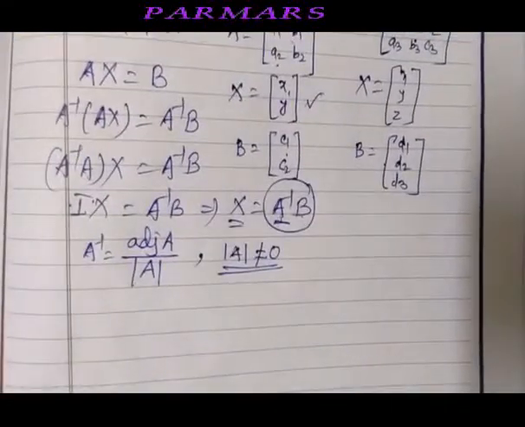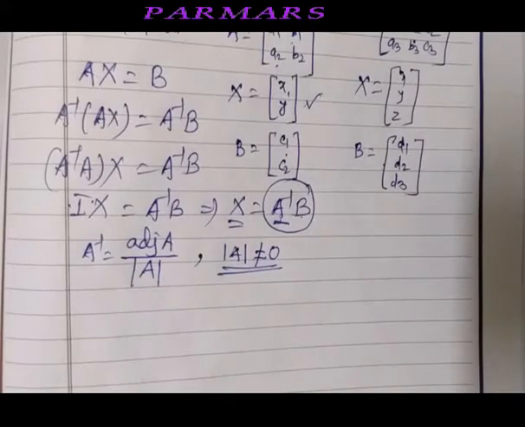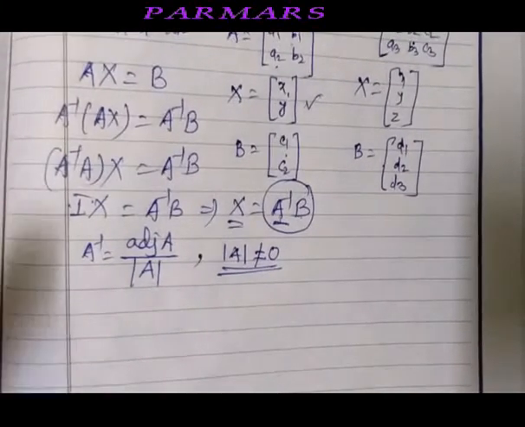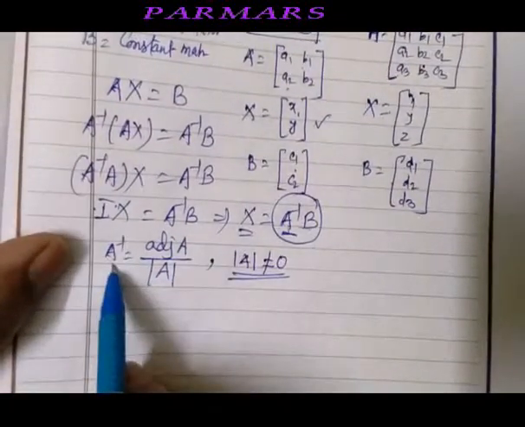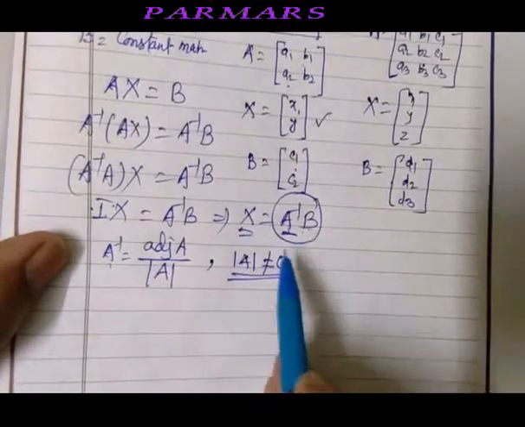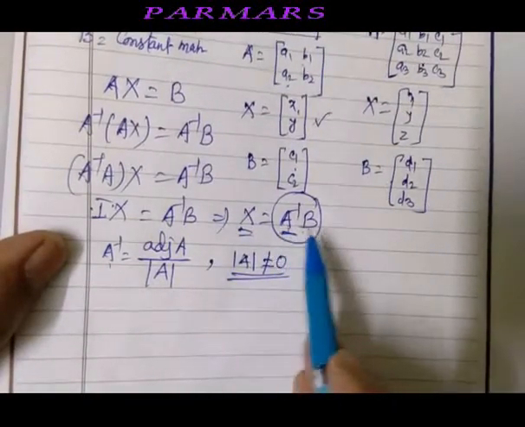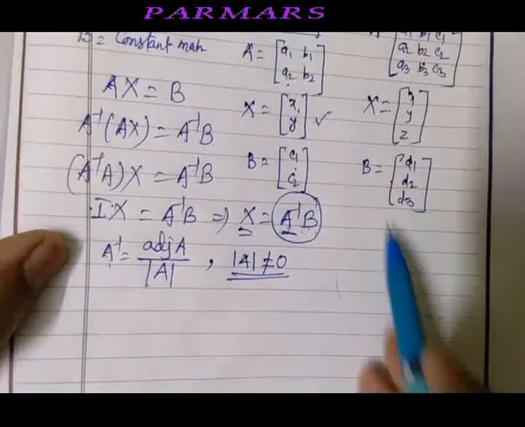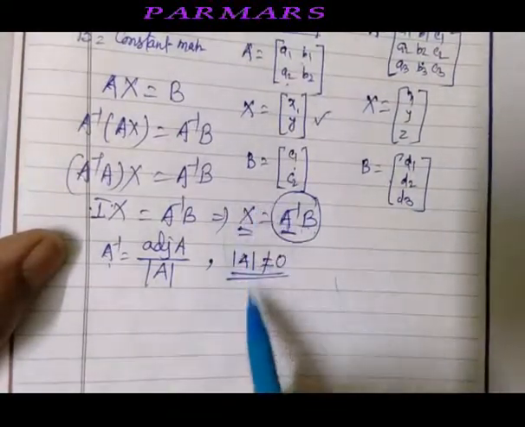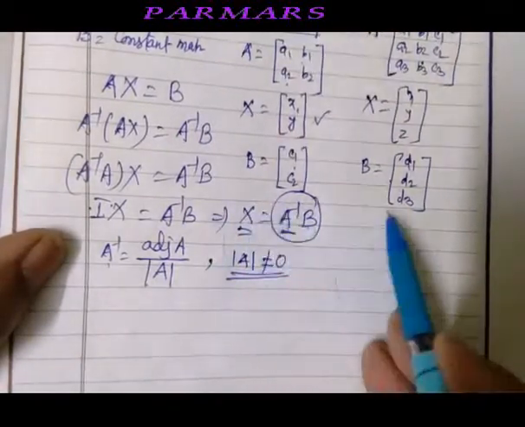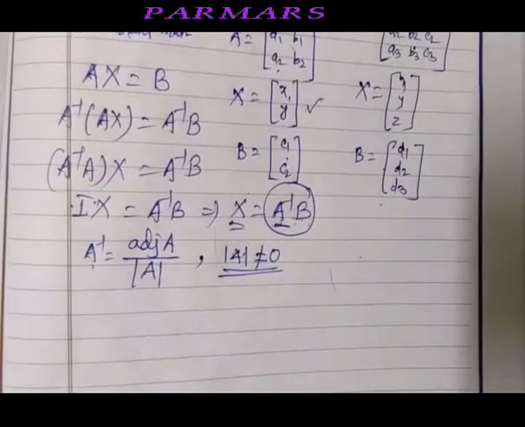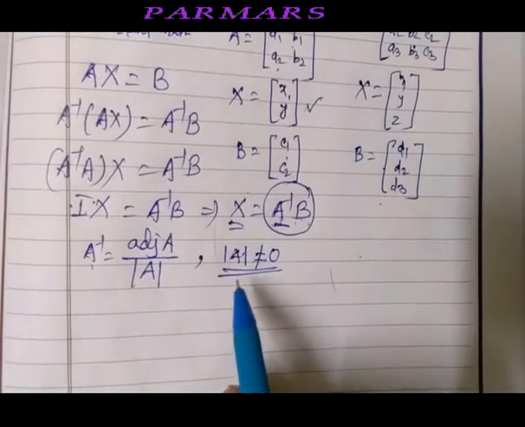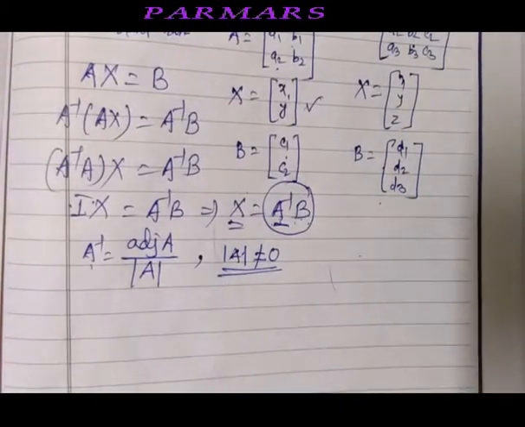If it is not 0, then okay, there is no problem. After finding A inverse, you multiply A inverse with B, you get a column matrix of numbers. Here X is x, y, z or x, y. So x is equal to this one, y is equal to this one, which is the required solution. This solution is a unique solution.